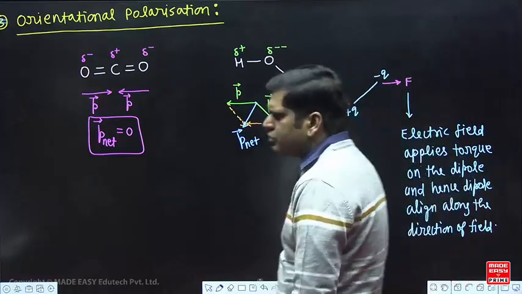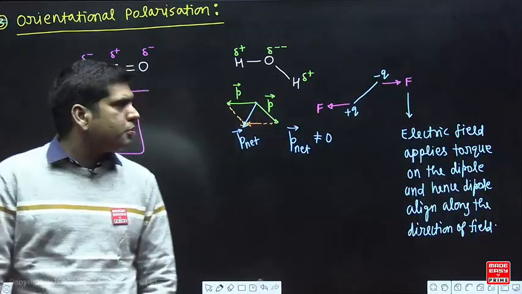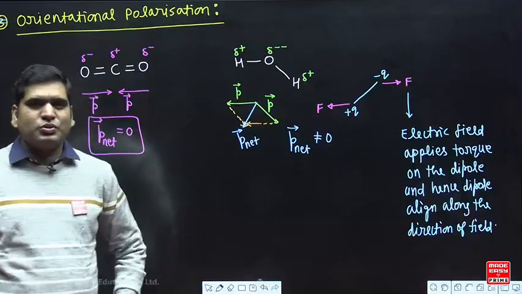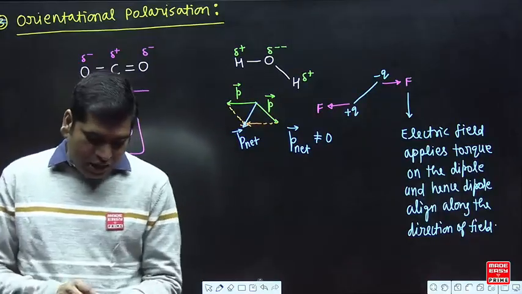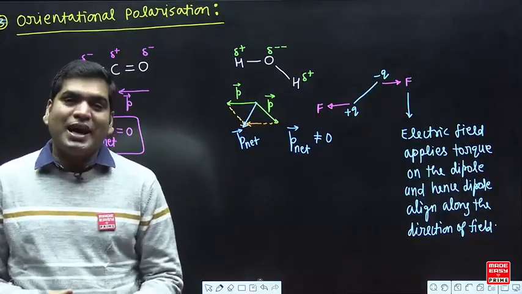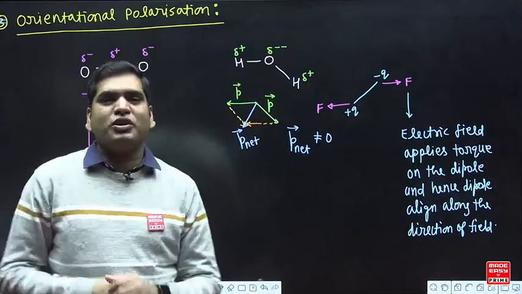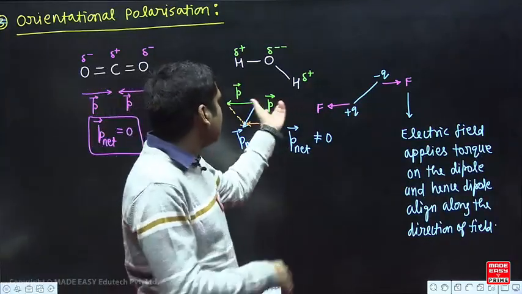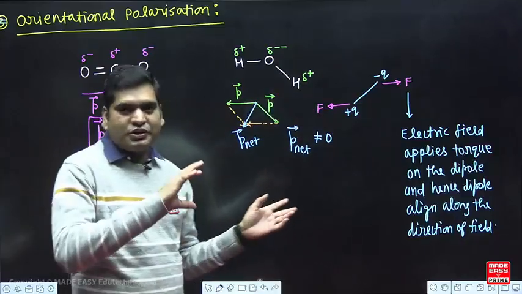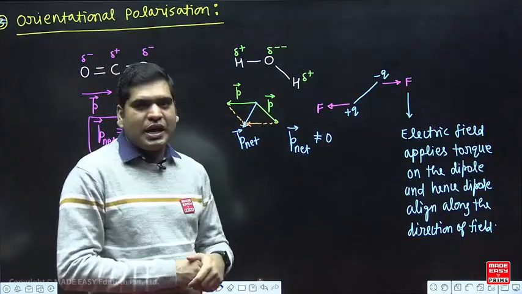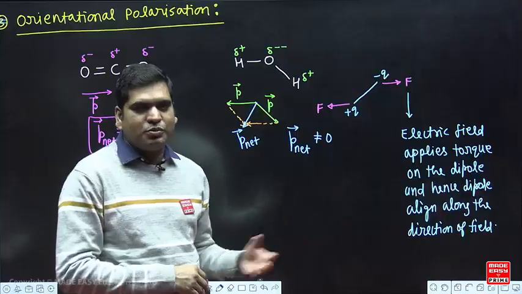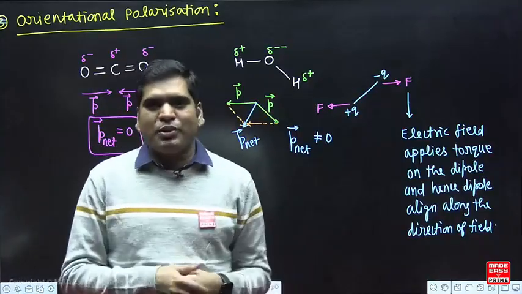When dipoles become parallel to the field, you will get a very strong value of polarization, and such polarization is known as orientational polarization. This is the reason why liquid dielectrics are preferred, because in liquid materials rotation of molecules is possible. When an electric field is applied, the molecules will align themselves along the direction of the field and give a very high value of polarization.